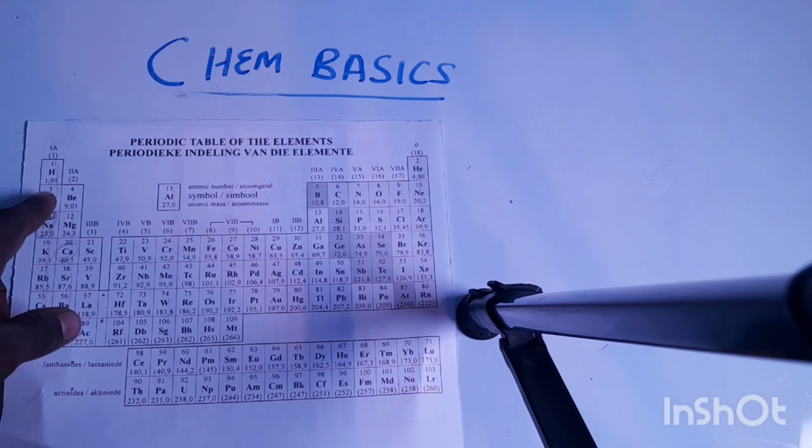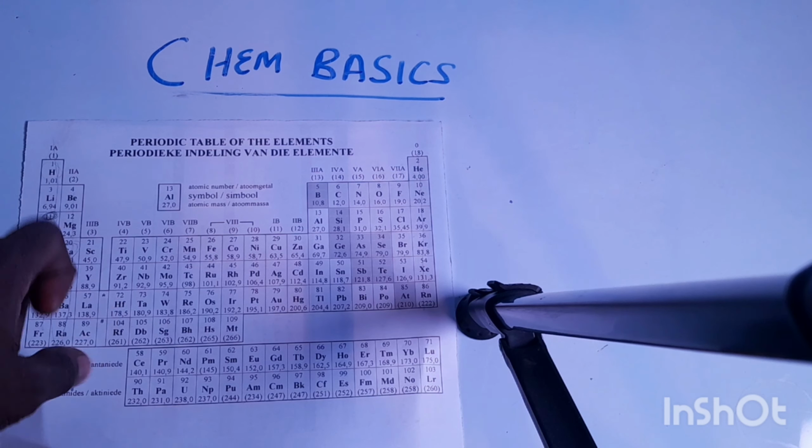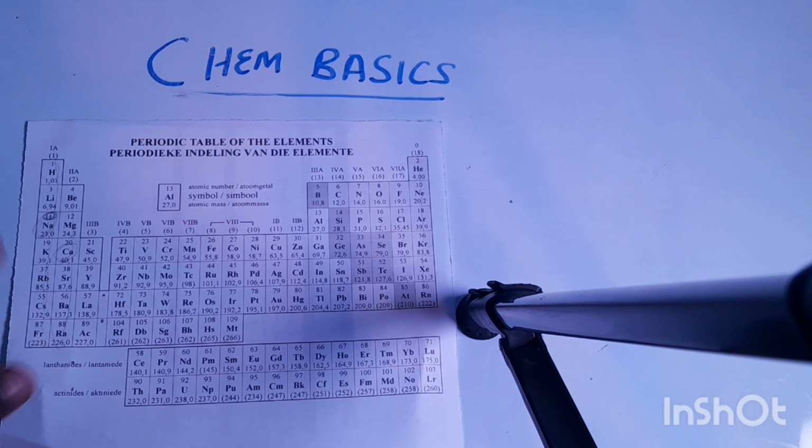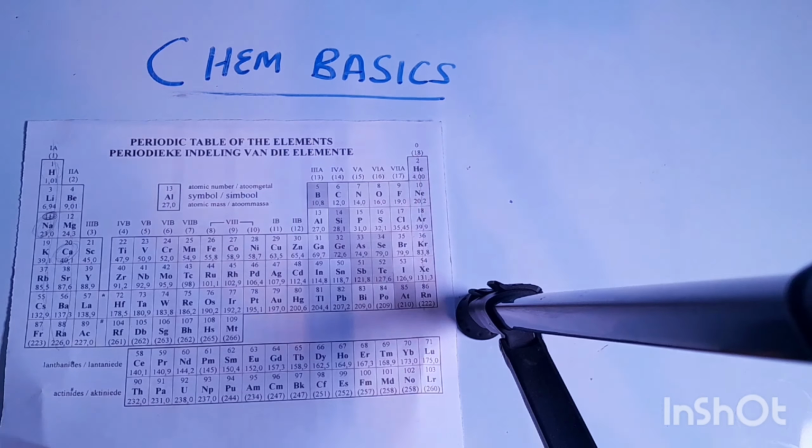But the ones in this section gain electrons, or share electrons with whatever they are reacting with, so that they can become stable. And hydrogen is the only non-metal in group 1, so it needs only 1 electron so that it can follow the duet rule, right?